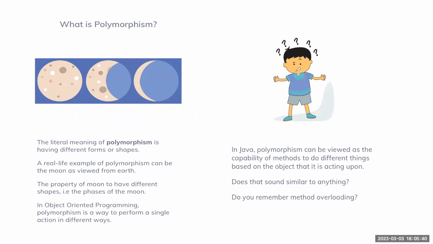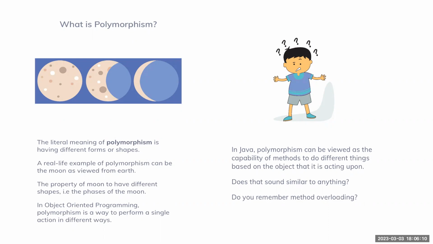So now let us go to what polymorphism is. If you clearly observe, the literal meaning of polymorphism is having different forms and shapes. In a real-life example, polymorphism can be the moon as viewed from Earth, the property of the moon to have different shapes, like the phases of the moon.